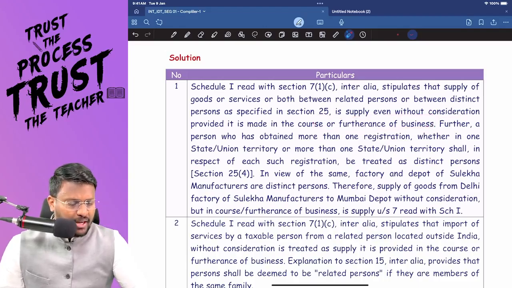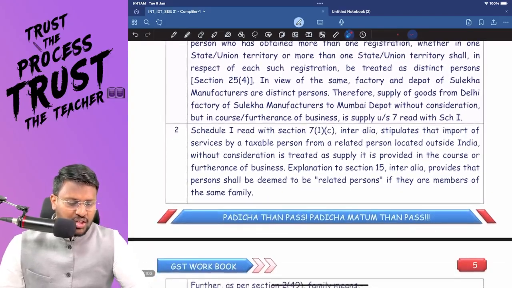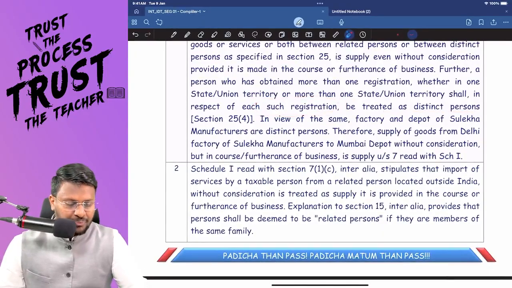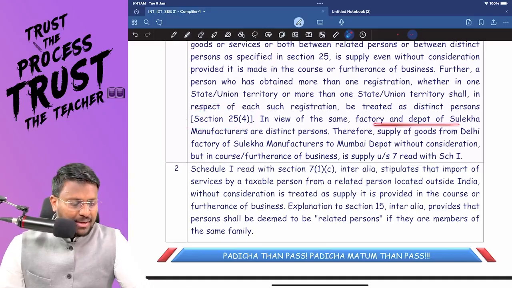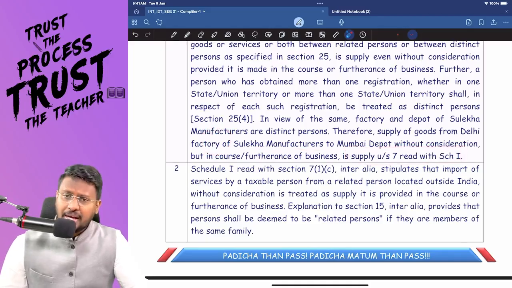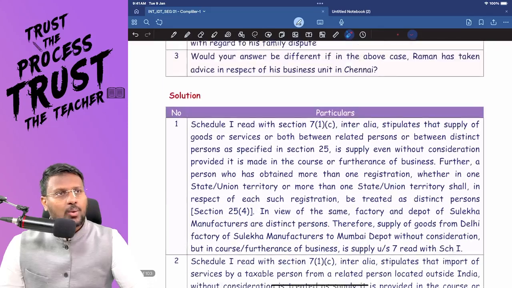A person who has obtained more than one registration, whether in one state or union territory or more than one state or union territory, shall in respect of each such registration be treated as a distinct person as per Section 25 subsection 4. In view of the same, the factory and depot of Sulega Manufacture are distinct persons. Therefore, supply of goods from the Delhi factory of Sulega Manufacture to the Mumbai depot without consideration, but in the course or furtherance of business, is a supply under Section 7 read with Schedule 1.